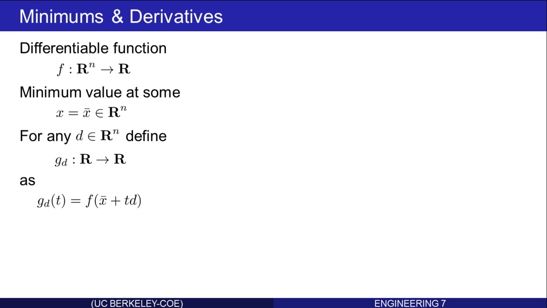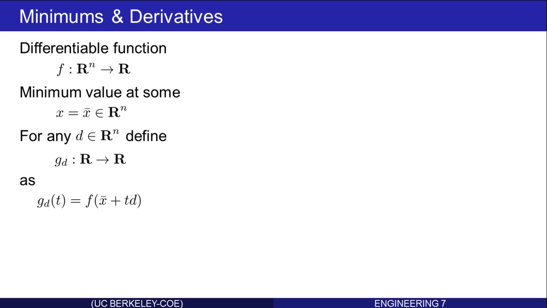So at t equals 0, g_d is just f of x bar. But as t deviates from 0, then the argument to f deviates from x bar along a single direction d. Notice that t is a scalar. t moves the n-dimensional variable away from x bar, but in the direction defined by d.